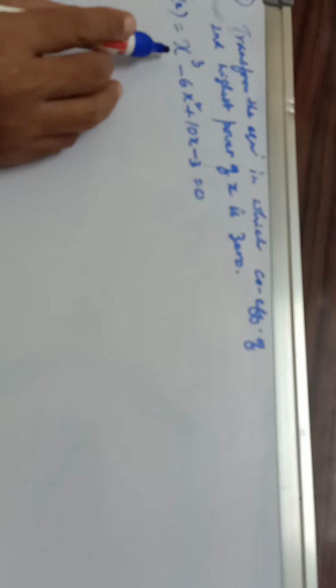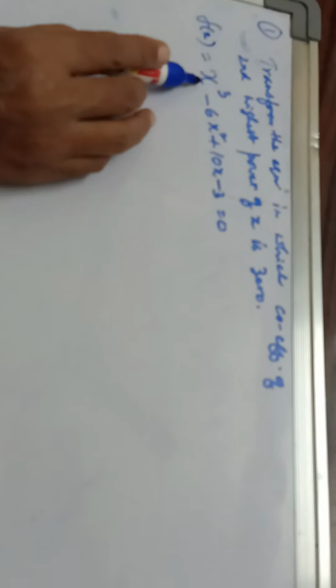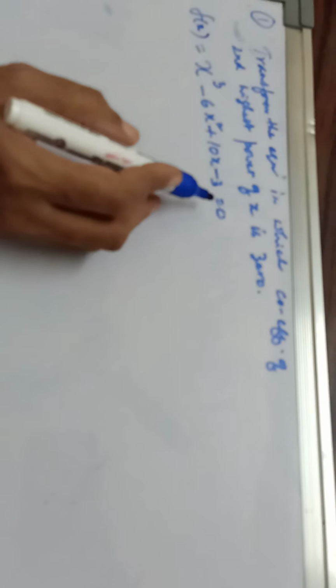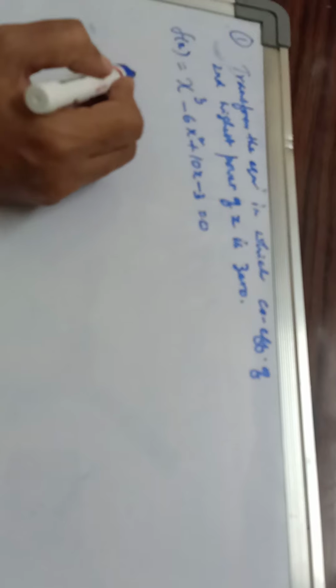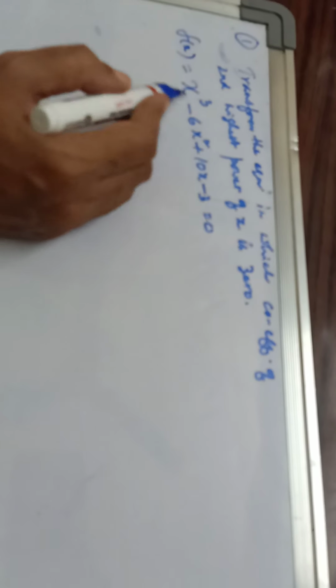Suppose that the given equation is f of x. Suppose that by subtracting a from all the 3 roots of this equation, we will get an equation in which there is no x square term.